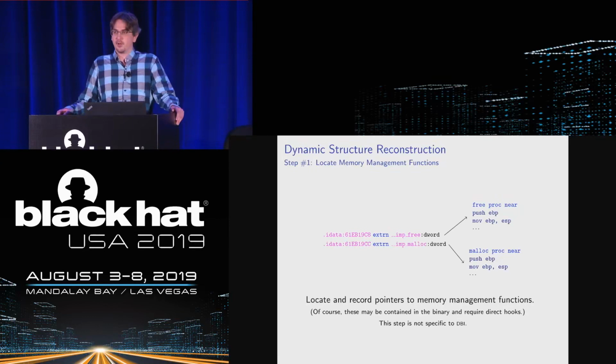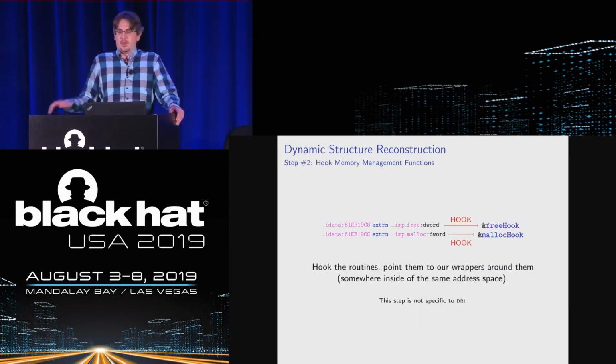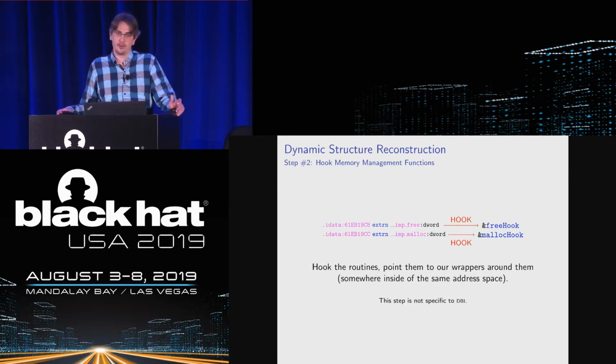So just locate these things, number one. Number two, hook them, redirect them into our own memory allocation functions. Again, this might be as simple as overwriting a function pointer if it's an import, or it might be more along the lines of having to hook a function prolog if it's something that's contained in the binary.